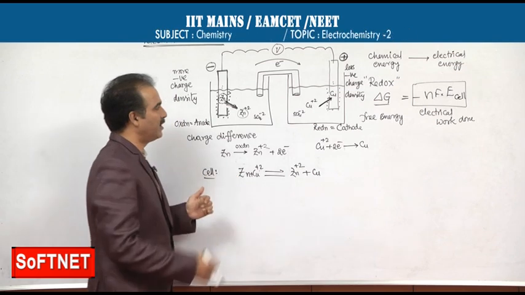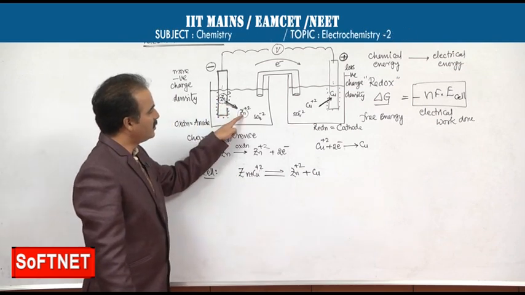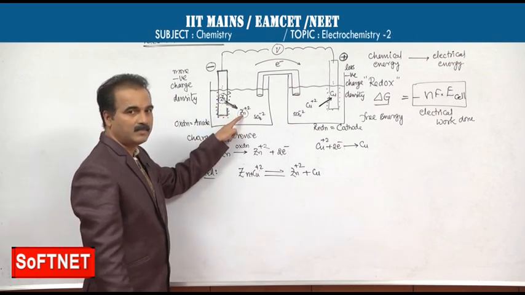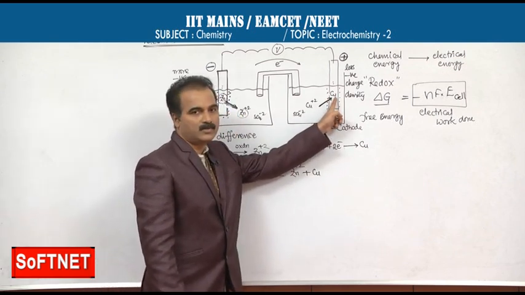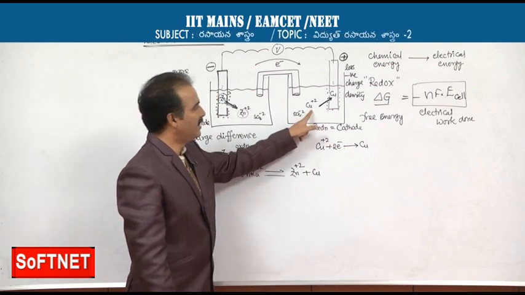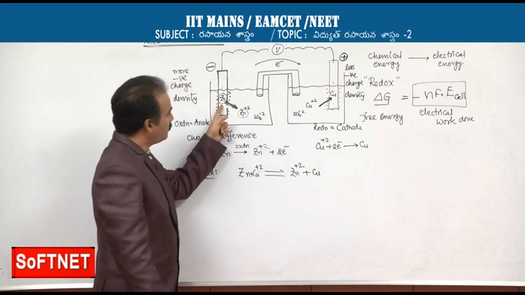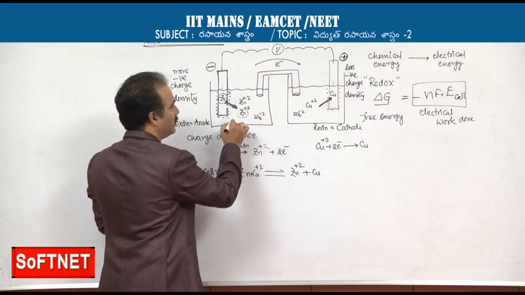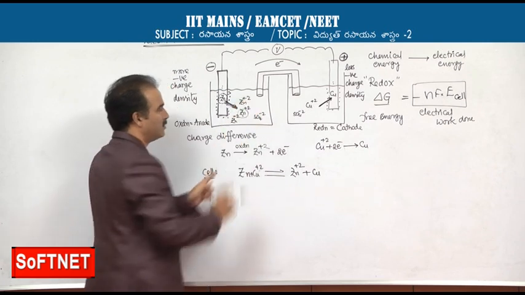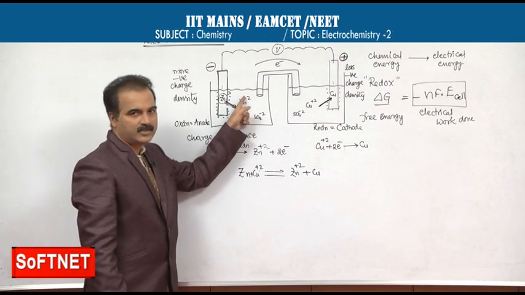So, after some time, the oxidation of zinc becomes very tough, as well as the reduction of copper plus 2, due to lesser availability. And due to more zinc plus 2 produced in solution, the solution turns positively charged.